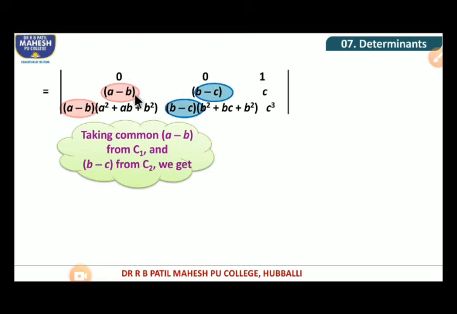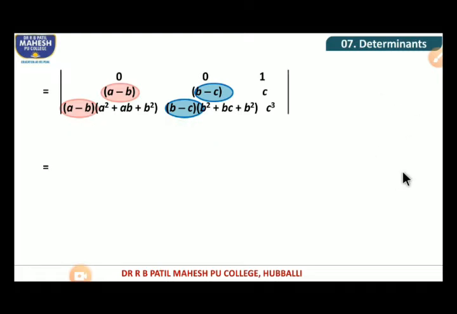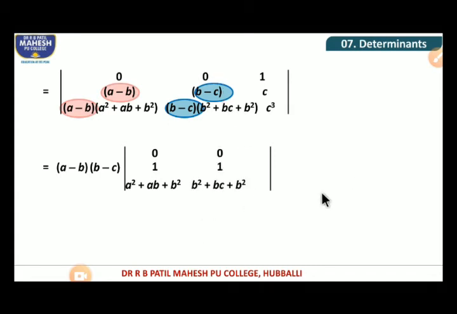Now observe here, a minus b is common in the first column, b minus c is common in the second column, so that we can take them out common. Therefore we get a minus b into b minus c. We will take the product outside, and the remaining determinant will be 0 1 a square plus ab plus b square in the first column, the second column becomes 0 1 b square plus bc plus c square, and the third column becomes 1 c c cube.